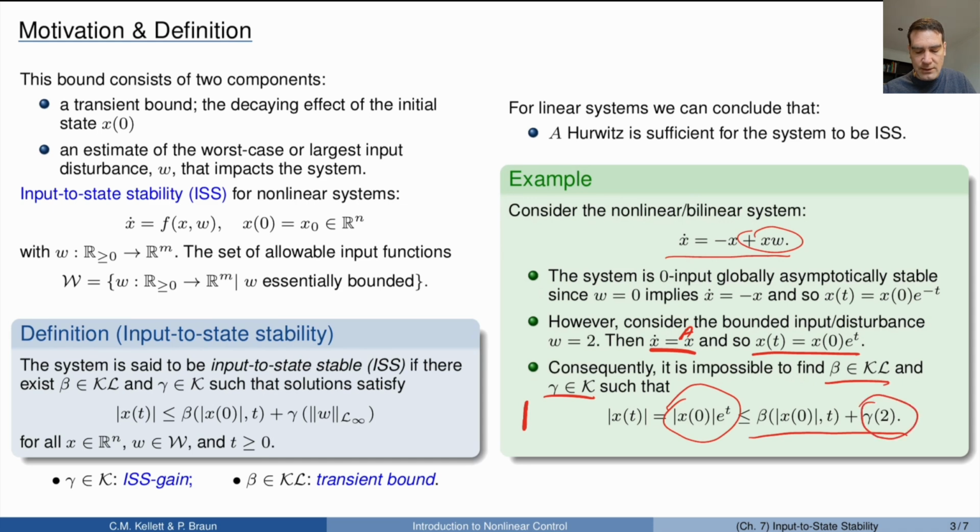This is a constant, and this should be going to 0 for t going to infinity. Meaning this is an example of a system which is not input to state stable. However, in the case that disturbances are not present, then we have global asymptotic stability of the origin.